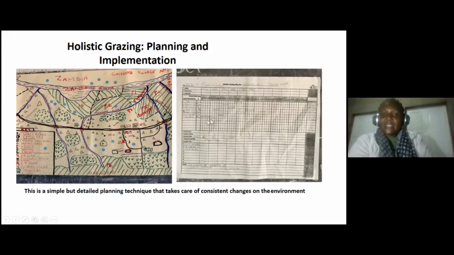And this chart helps them know that in January, for example, we are in this paddock, and then for how many weeks, that's what these boxes are for. It's as loose and as friendly as possible for the communities, but also taking care of all the questions of each piece of land. For example, if we have one place that is a valley, and there's lots of moisture that settles on the grasses, you can't go in the peak of the rains because you have ticks that may affect your animals.